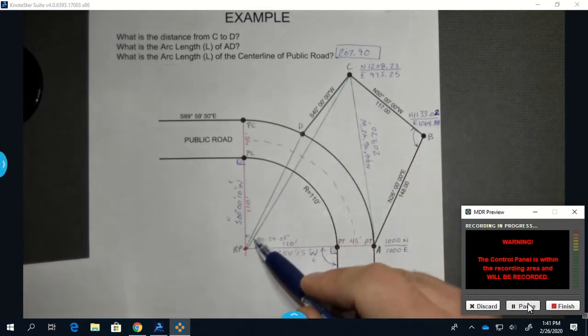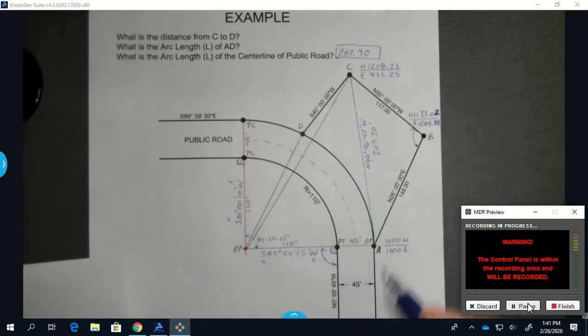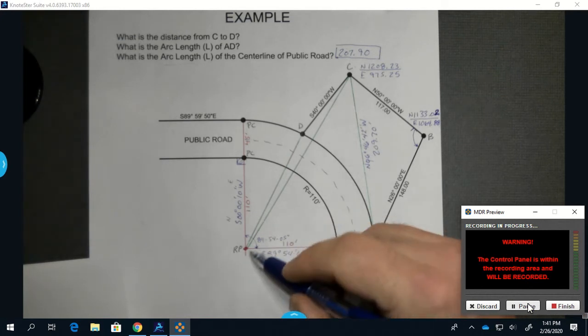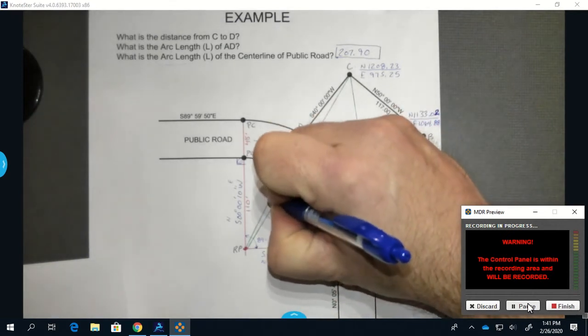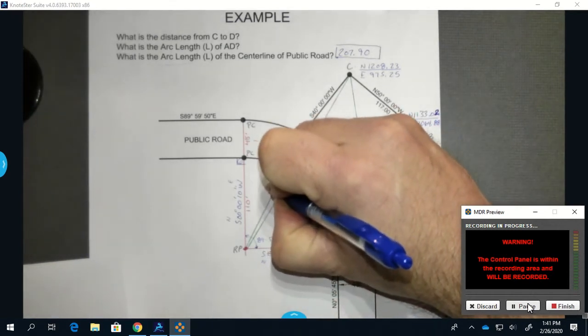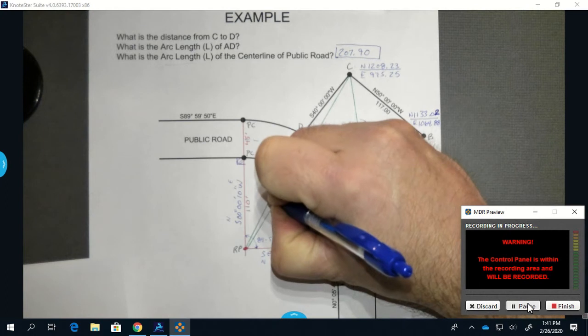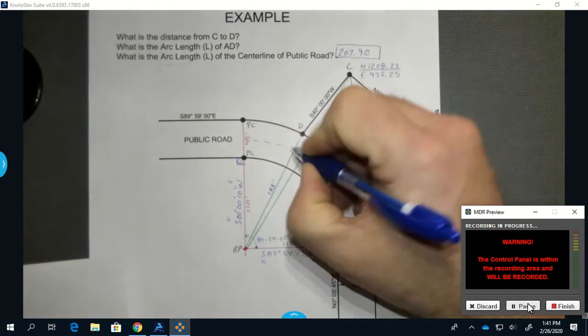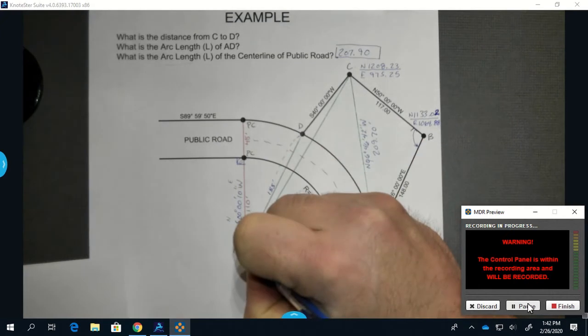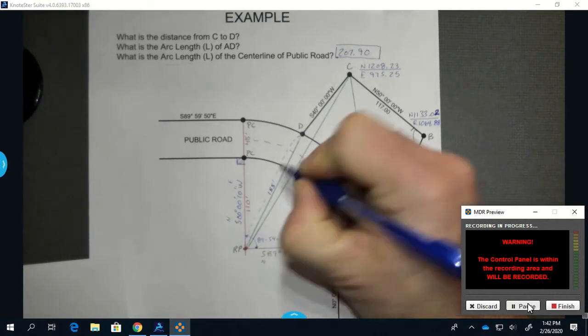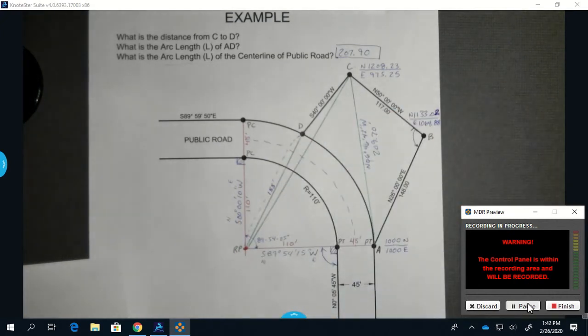Okay? This line right here is really important to solving the rest of this. And there's one thing that we do know from RP to D, because that's on the curve, this distance we know, it's 155 feet. Okay, from here to here, that's 155 feet. Okay.